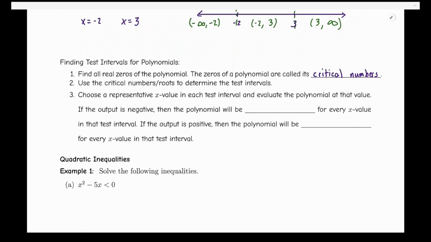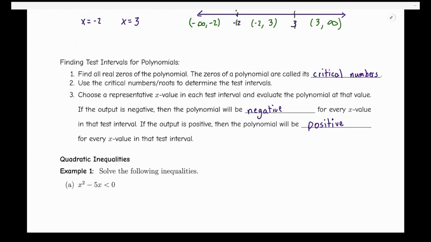If the output is negative, then the polynomial will be negative for every x value in the test interval. If the output is positive, then the polynomial will be positive for every x value in that test interval.